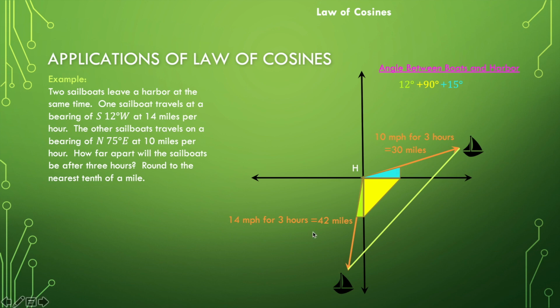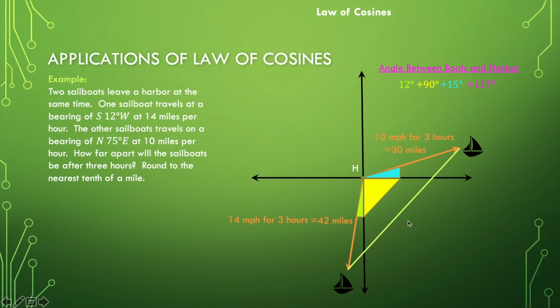And so that entire angle, the angle formed between the first sailboat, the harbor, and the second sailboat, can be found by adding those 3 things together, and we find it's 117 degrees. Excellent. Now I have my side, my angle, my side, and I'm ready to actually calculate this distance.